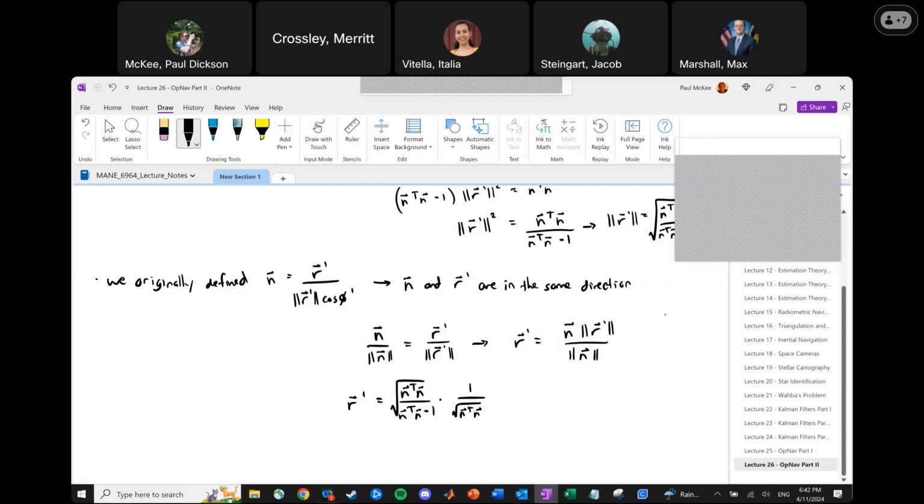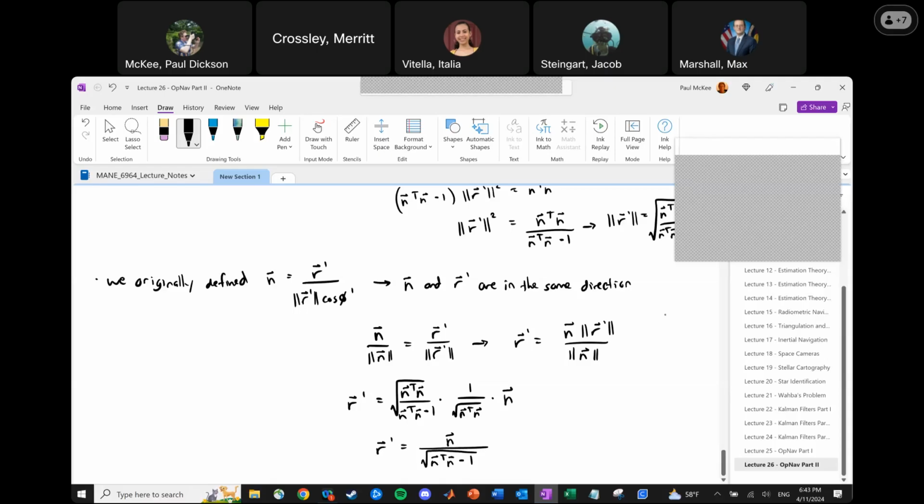This is dividing by the norm of n, right? And then this is multiplied by the vector n. If we clean this up a little bit, the numerator of this term and the denominator of this term cancel out.